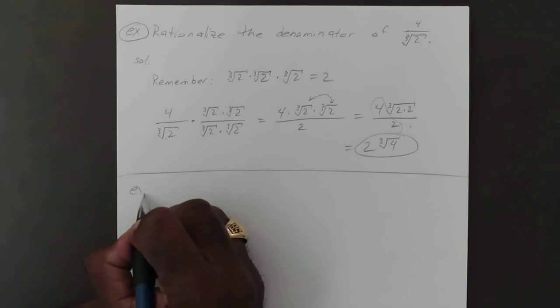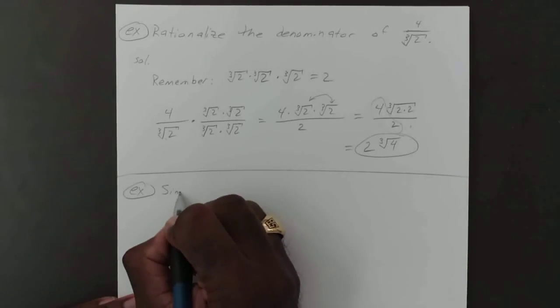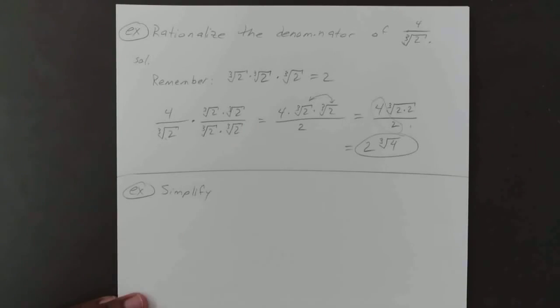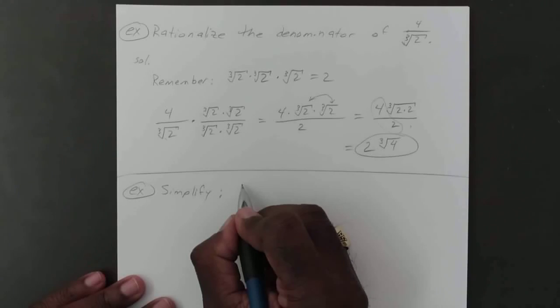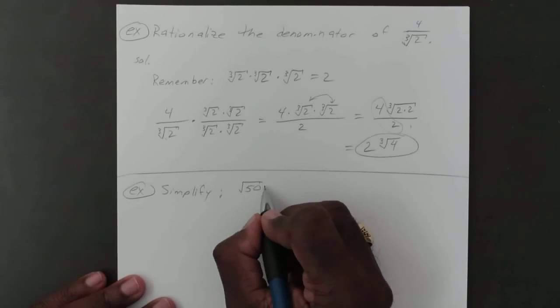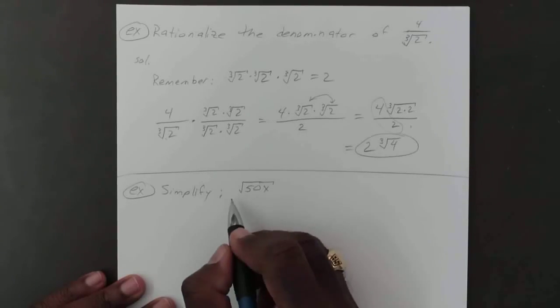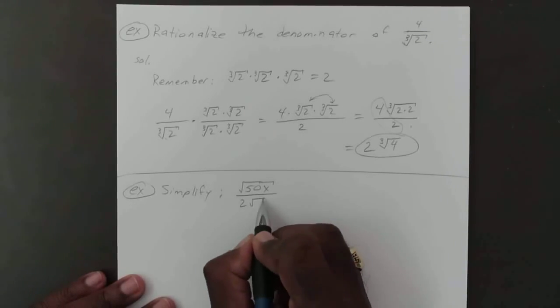So let's say we wanted to simplify the square root of 50x over 2 square root of 2.